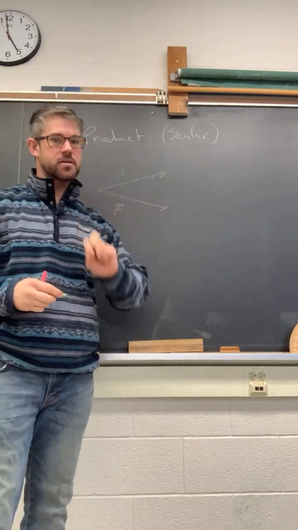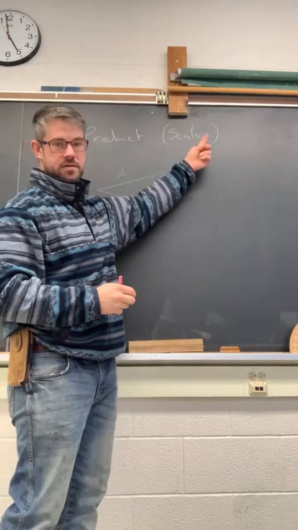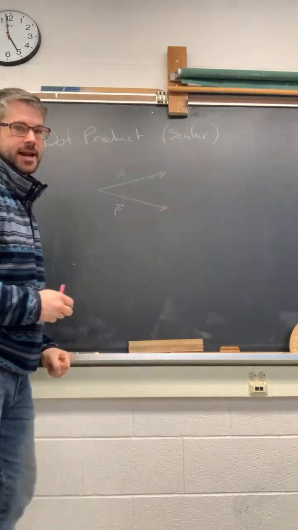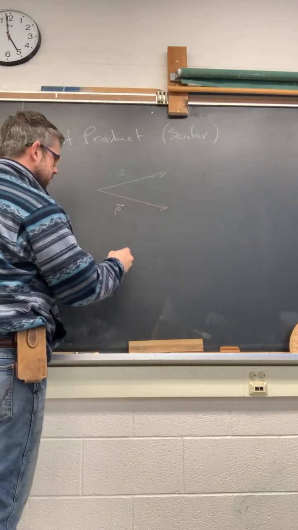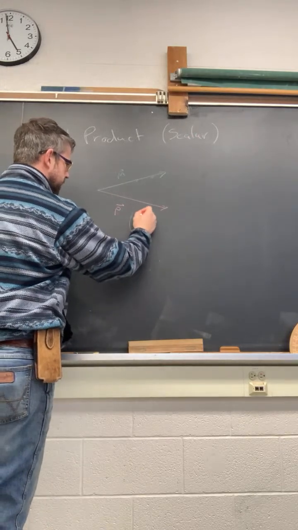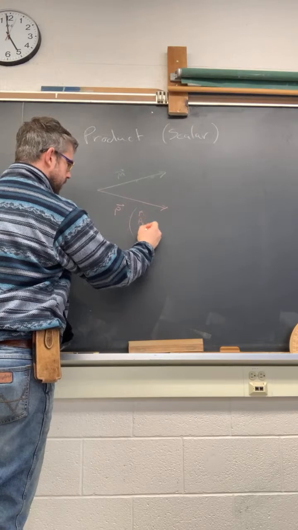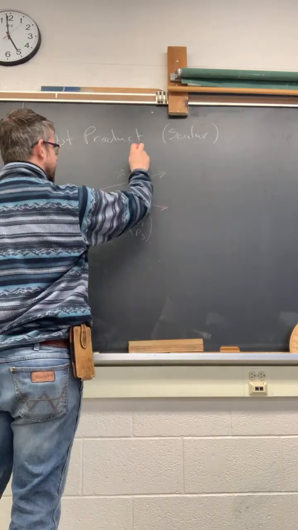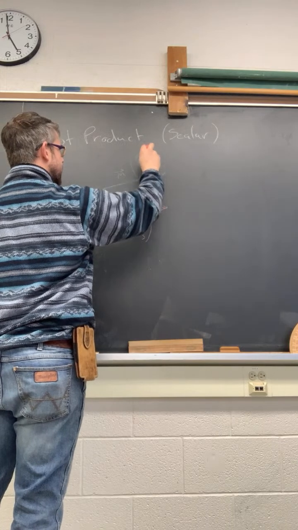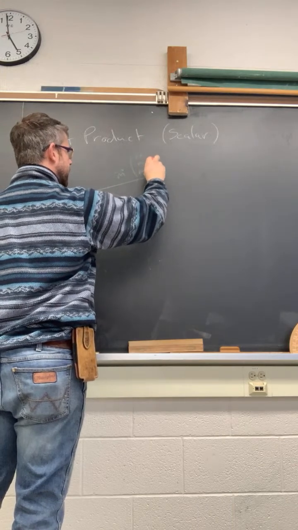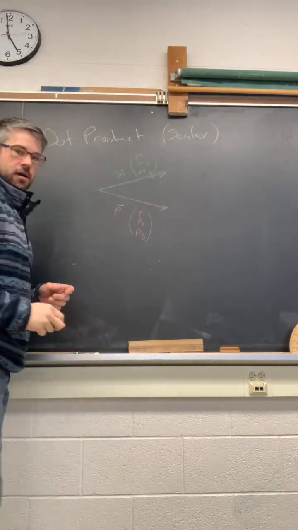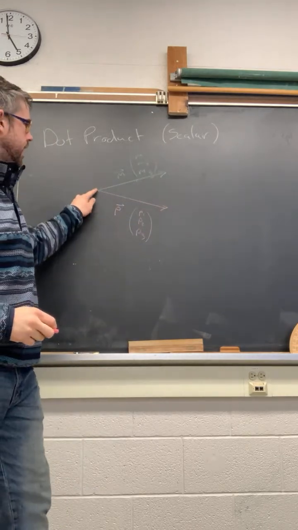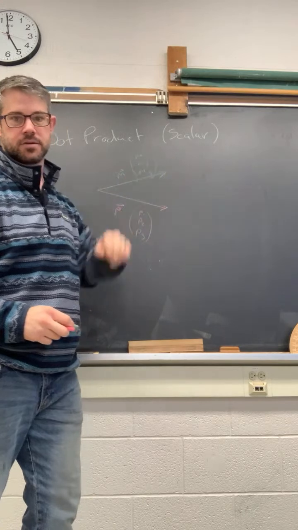Now there's two ways to multiply vectors, and one of them results in a scalar, and that's the one we're investigating today. So vector P has components P1, P2, and P3. And vector M has components M1, M2, and M3. You'll notice that they are arranged tail to tail and going out tip to tip.